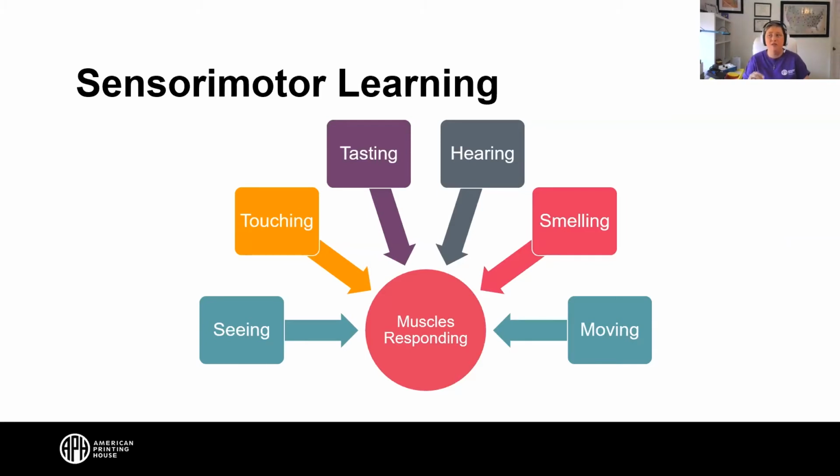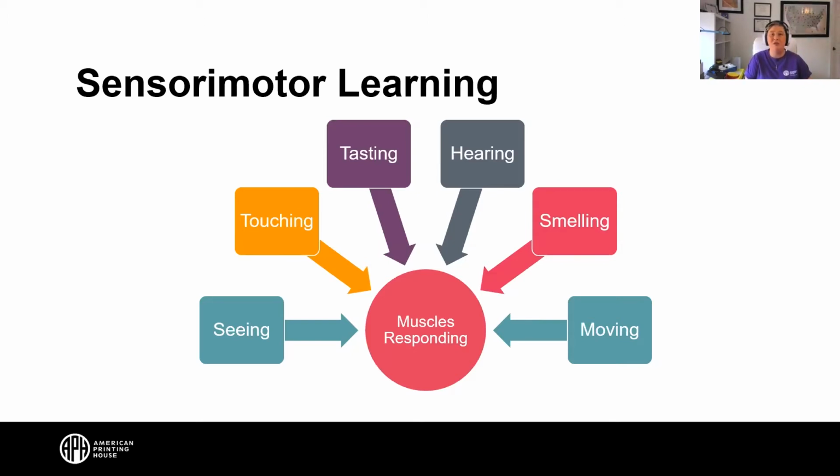Some type of muscle response from seeing something, a touching response, tasting and then a muscle response, hearing and a muscle response, smelling and a muscle response, or moving and a muscle response. So, what type of moving might you do and have a muscle response for it? What might a child taste and then have what type of muscle response?